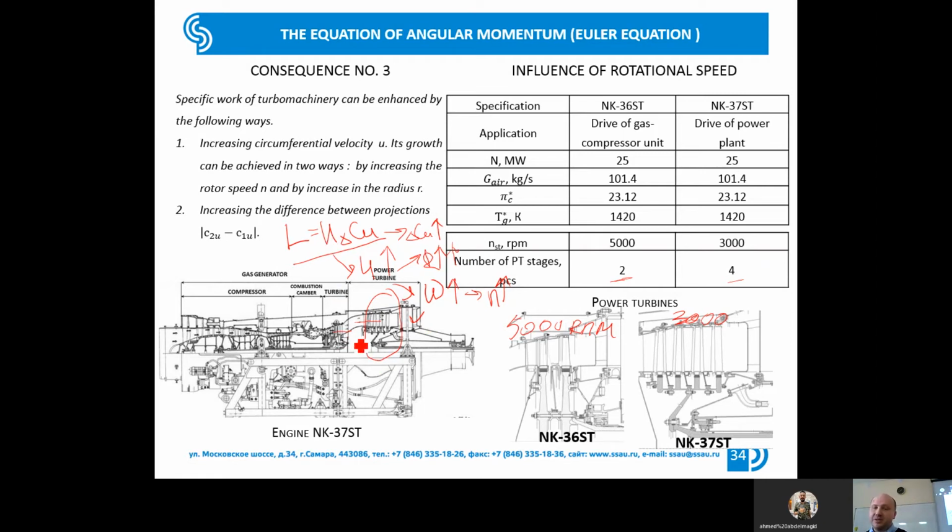If we keep the same diameter, we receive not 2, not 4 stages, maybe 6, maybe 7 more stages. Of course, more stages are more expensive, have more mass, and have other disadvantages. That's why it's very typical for engines which are converted from aircraft to ground application. So it's an example of a Russian engine, but you could find an example of a Rolls-Royce engine which is converted for ground application. They have approximately the same geometry.